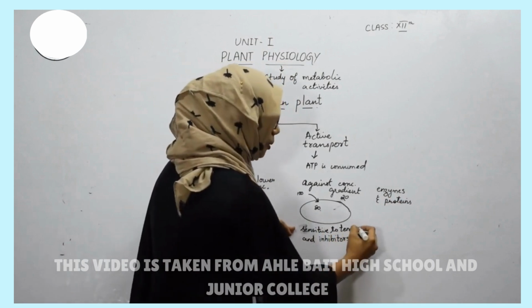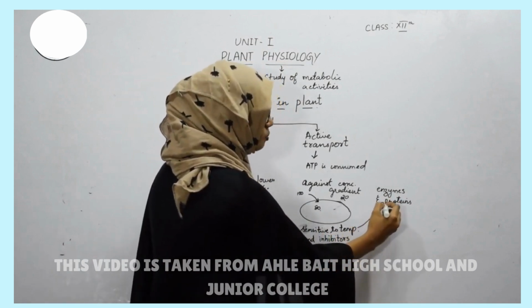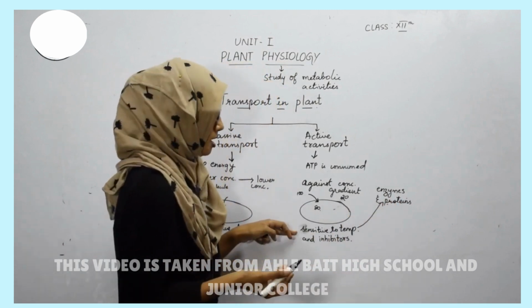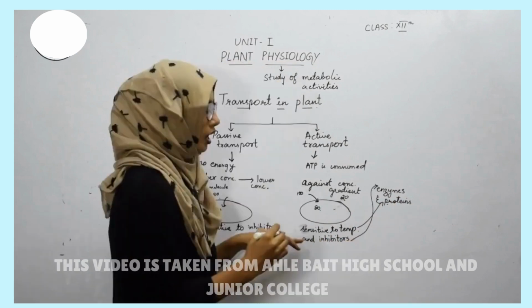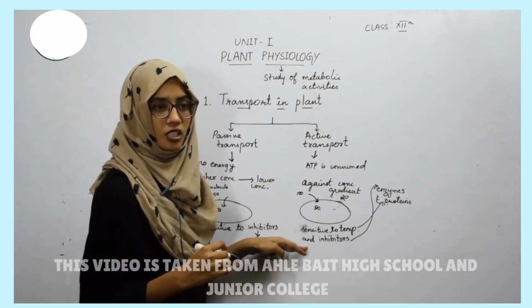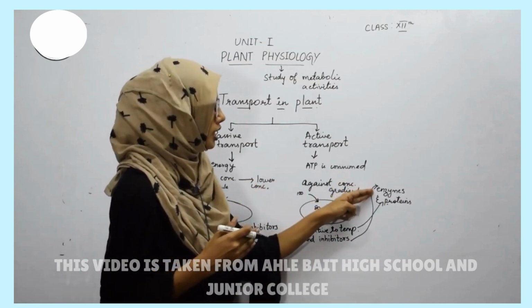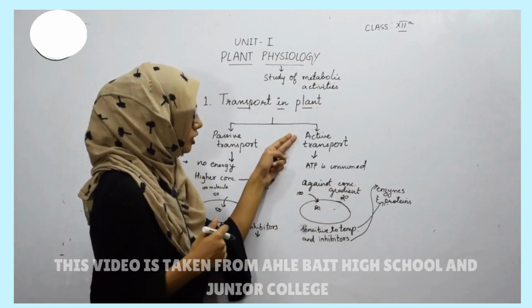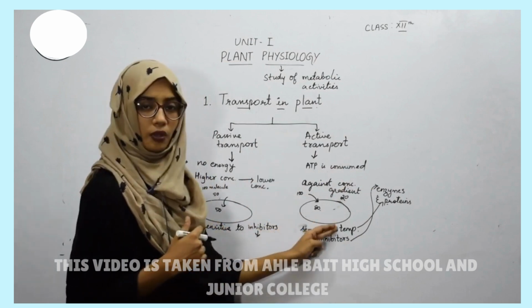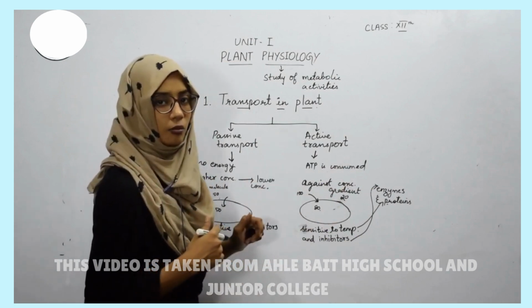So if the temperature is high, then these proteins can be denatured. Whereas if the inhibitors are present, then they can inhibit or stop the function of the enzymes. So in this way, the active transport is sensitive to temperature as well as to the inhibitors.